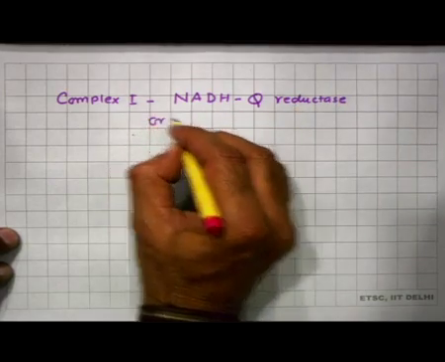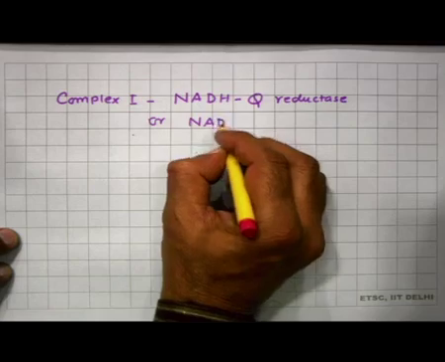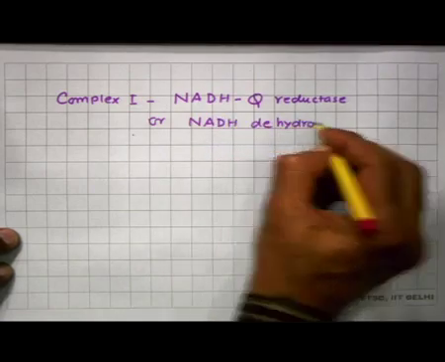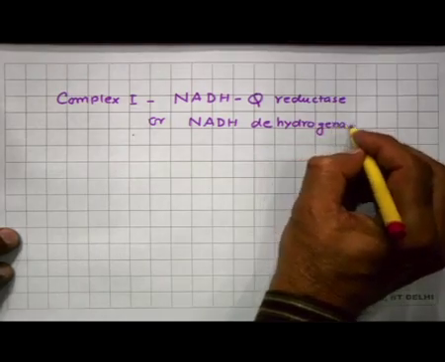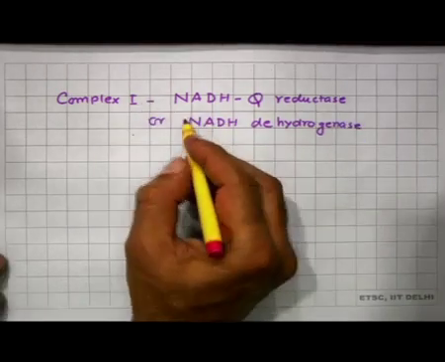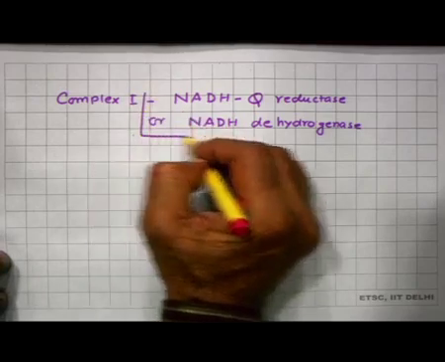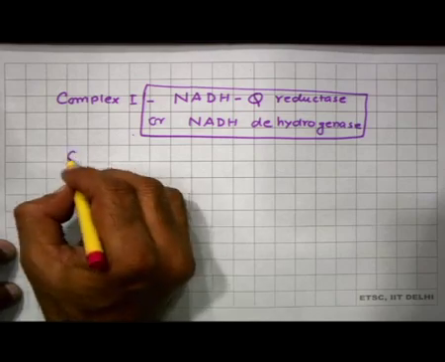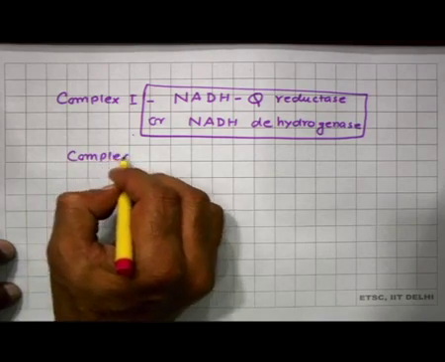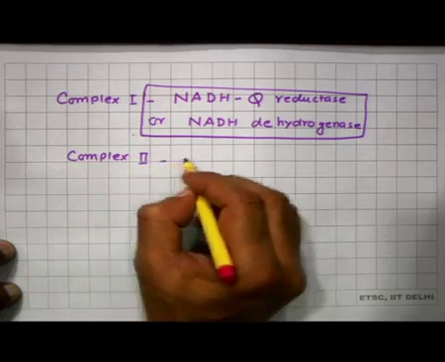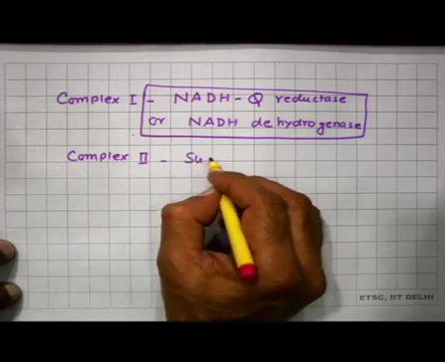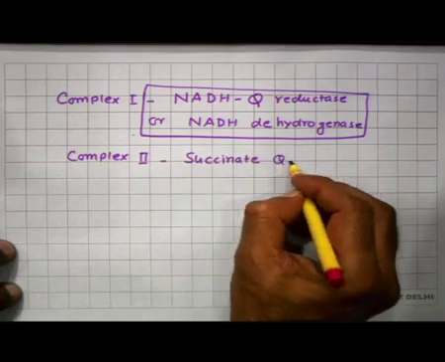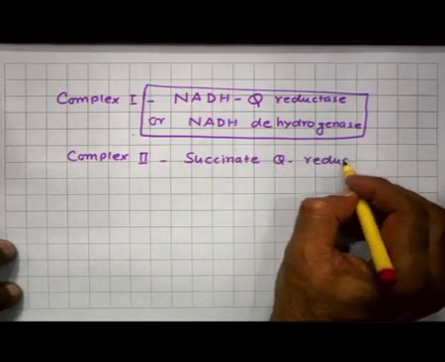It is also called NADH dehydrogenase. Complex 2 is called succinate Q reductase complex.